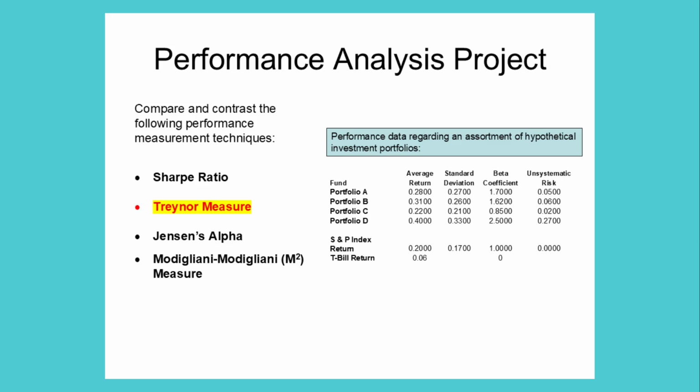Make sure your essay includes the following: definition and origin of each risk-adjusted portfolio measurement technique, portfolio measurement calculations for each portfolio, which means you'll do the Sharpe, Treynor, Jensen, and M2 measurement for all of the portfolios. Then you will rank each portfolio in order of preference for each measurement technique. Be sure to discuss why different portfolio measurements may lead to a different ranking.